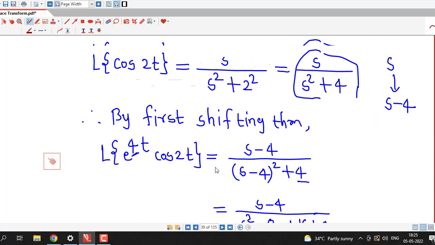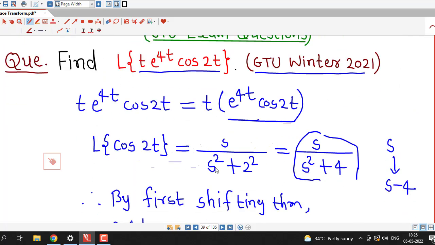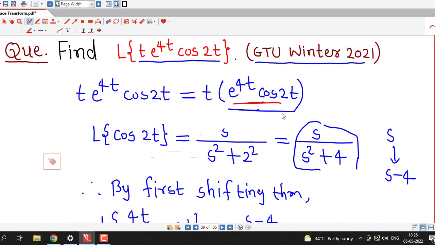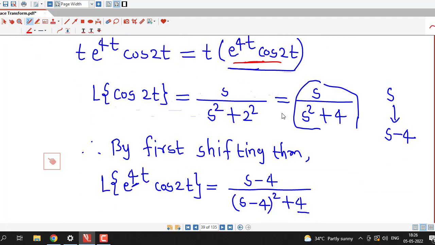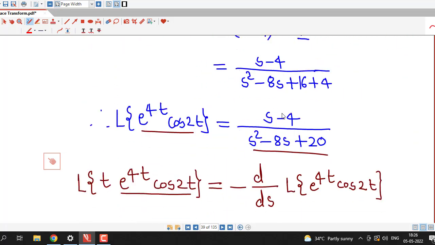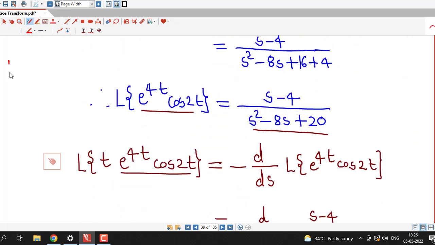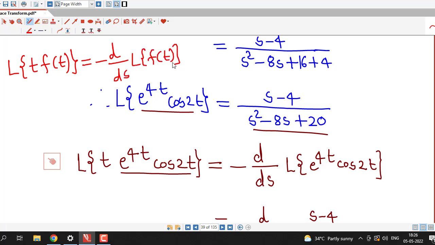So we have first obtained the Laplace transform of e raised to 4t cos 2t, and for that we are using the first shifting theorem, and then we are using this formula, the Laplace transform of t times f of t is equal to minus d by ds of the Laplace transform of f of t.